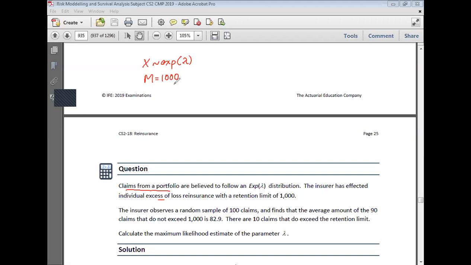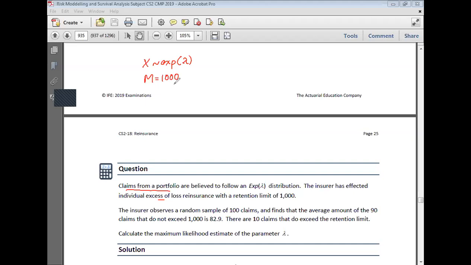Vanshita, can you give me the next set of information? It is given that the average amount of 90 claims that do not exceed 1000. That means the claims that do not exceed the retention limit, which comes under the first part, which is paid by the insurance company.